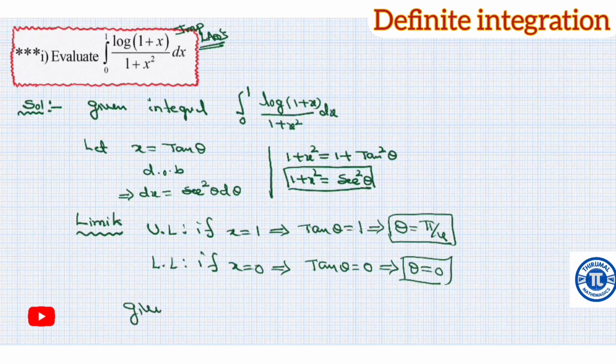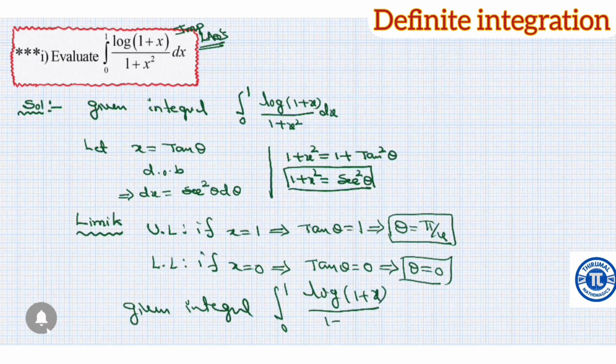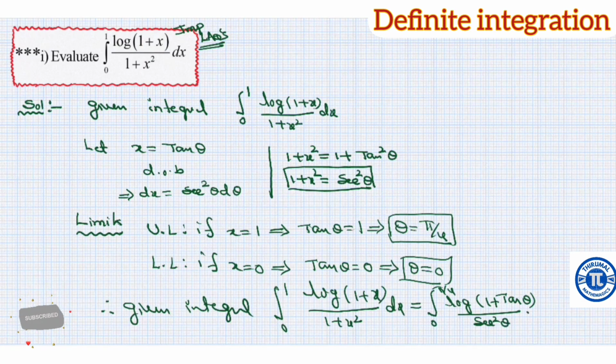Okay, next, the given integral is integration 0 to 1 of log of (1 plus x) by (1 plus x square) dx. Now with the new limits, the upper limit is pi by 4 and we have log of 1 plus tan theta by secant square theta, into dx which is secant square theta d theta.